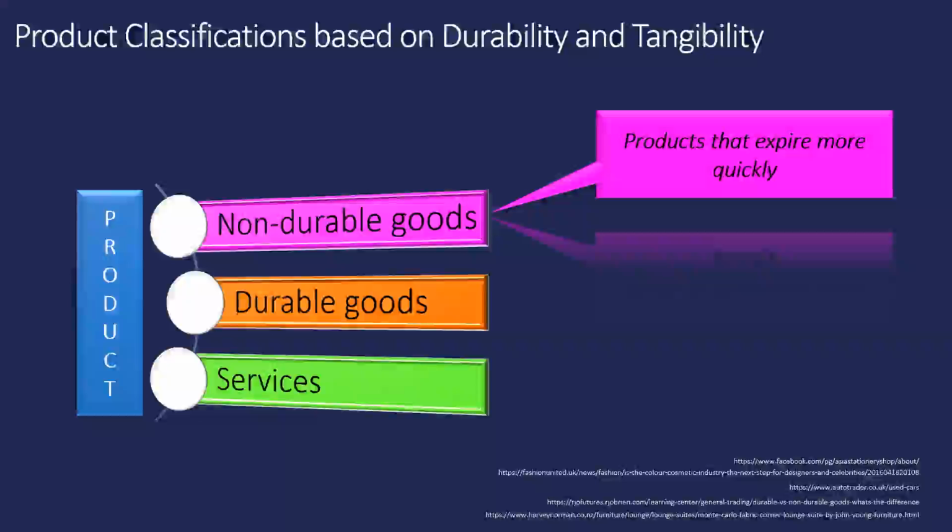So we can say that non-durable goods are the products that expire more quickly. We have so many of them, maybe goods that we only use for a while, that can wear out.